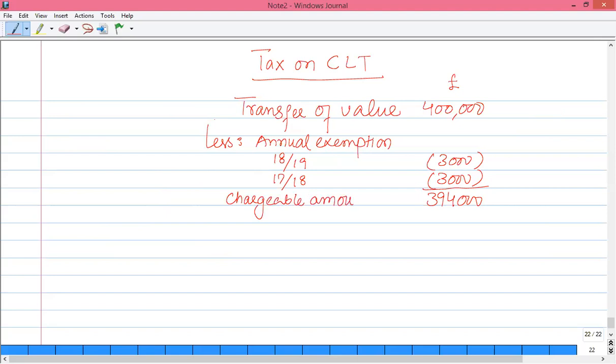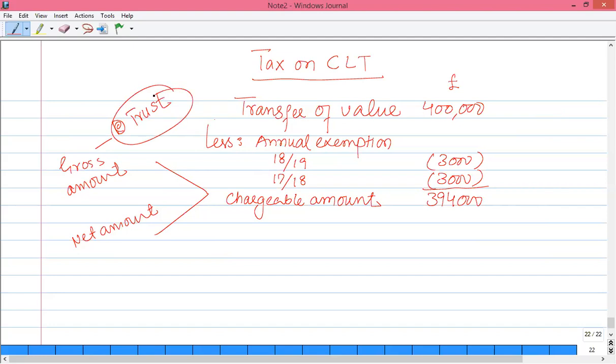Now, this chargeable amount might be a gross chargeable amount, or it might be a net chargeable amount. It depends on who is paying the tax on CLT. If trust is paying tax, then it's a gross amount.